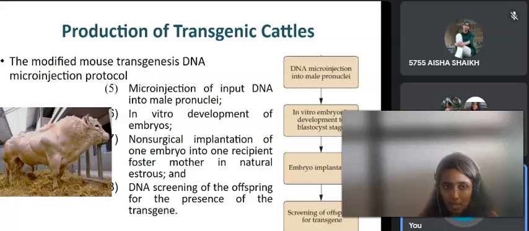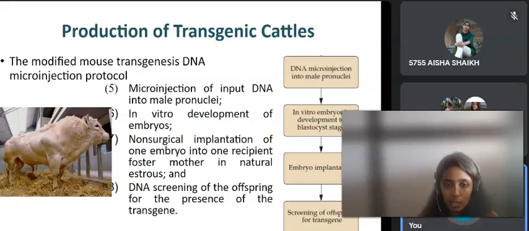This is the name of the method. After we have injected the DNA into the male pronuclei, we again develop the embryo. We will let the embryo develop in the laboratory condition, because we want to know whether the cell is going to divide or not. Until the cell has reached the embryo stage, we are going to nurture it.